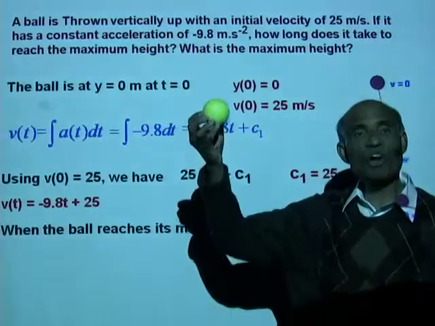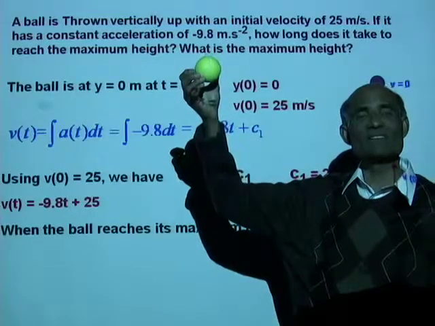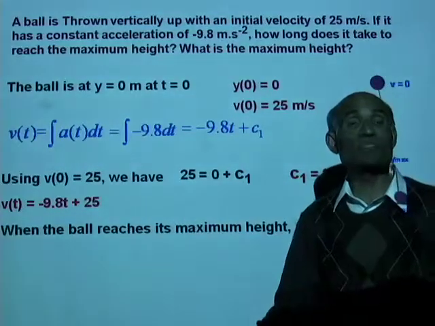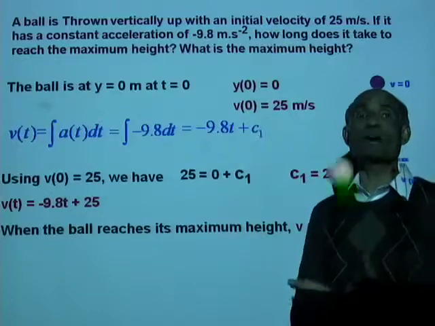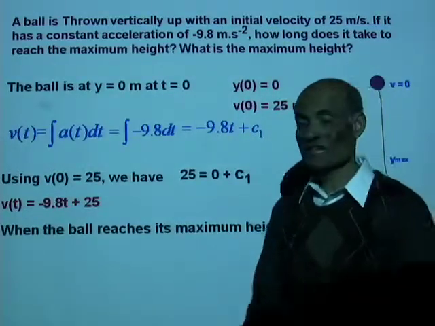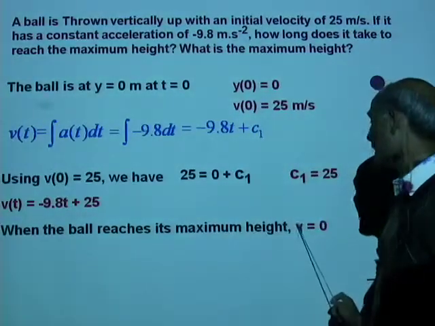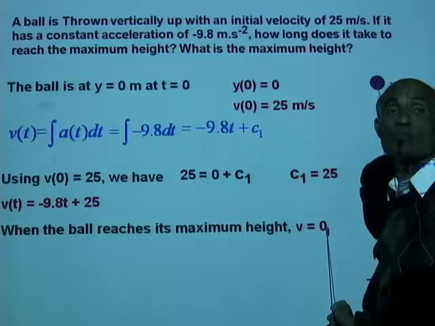So what is the velocity when the ball reaches the maximum height? At the maximum height, its velocity is 0. It goes up and stops and then returns. So, we say when the ball reaches its maximum height, its velocity v equal to 0.